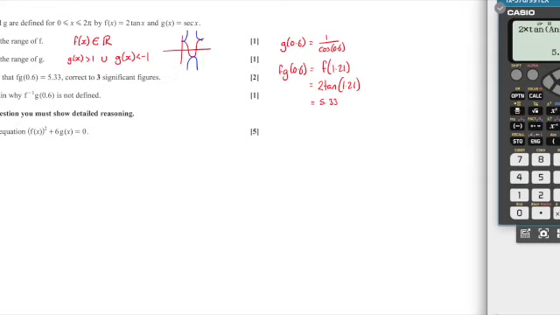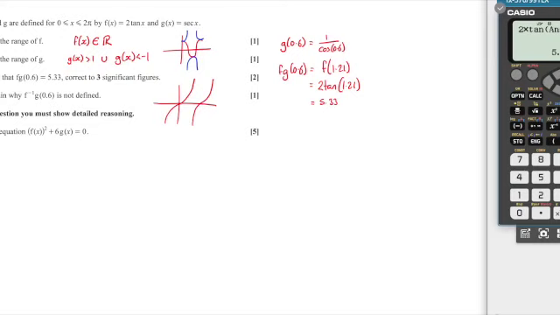Right, explain why f of g of that is not defined. Well, f of x is, which way around is it? So f of x is 2 tan x. So f of x is a many to one function because many inputs will give the same output.